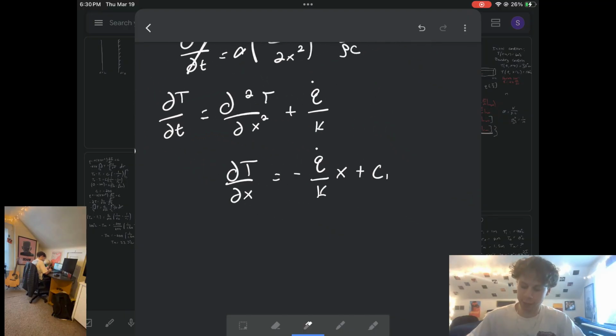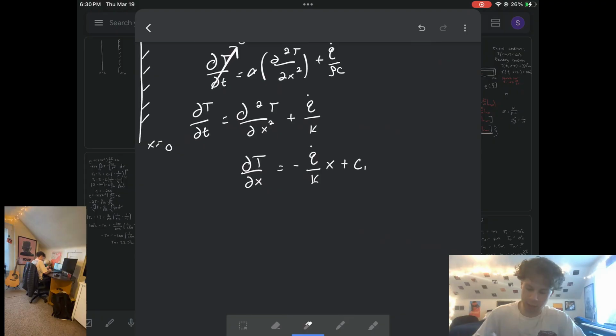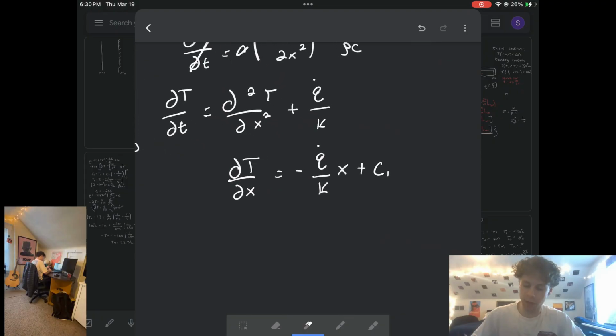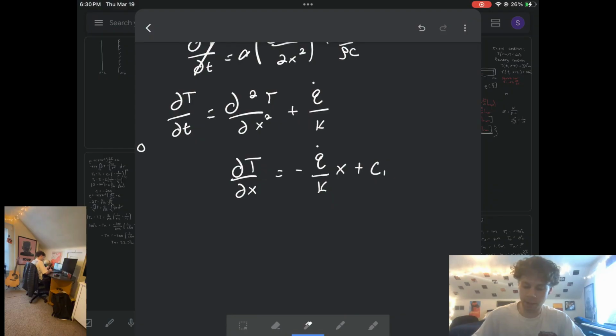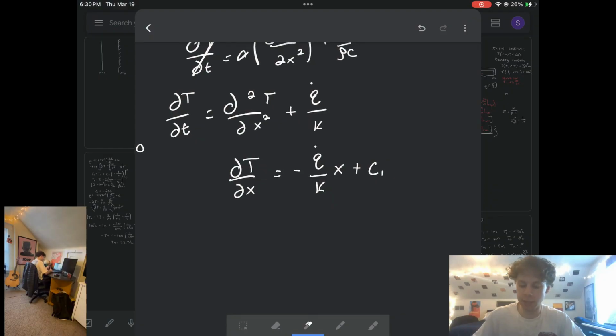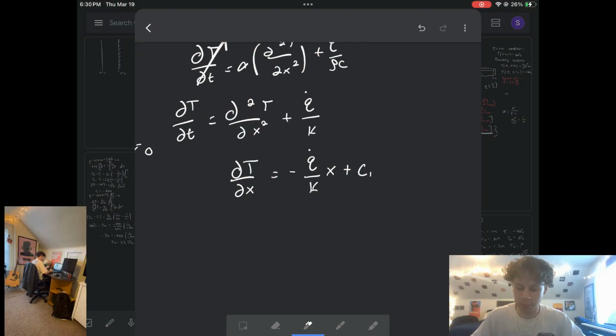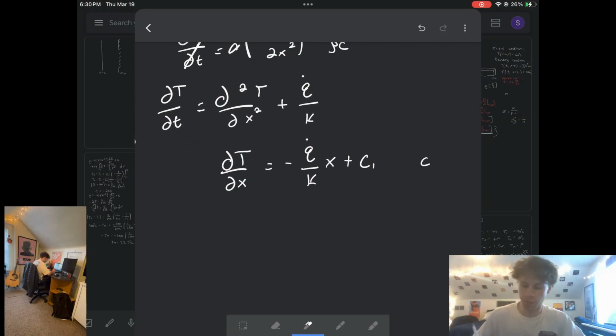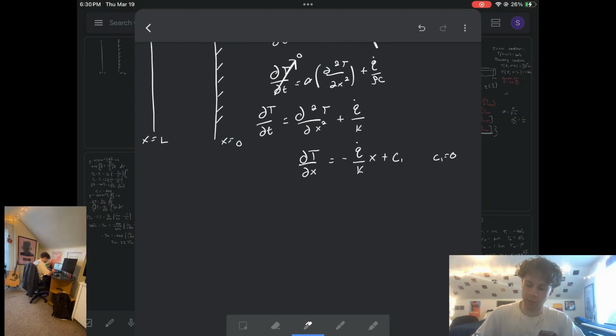And our C1, we'll say at x equals 0. If we plug in 0 here, our C1 will also be 0 because our change in temperature with respect to x will be 0. So C1 equals 0.